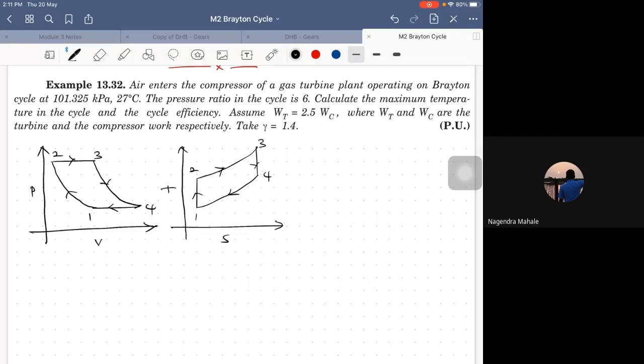Now, let us go with the problem. Air enters the compressor of a gas turbine plant operating on a Brayton cycle at 101.325 kPa and 27 degrees Celsius. So what should I take these as?